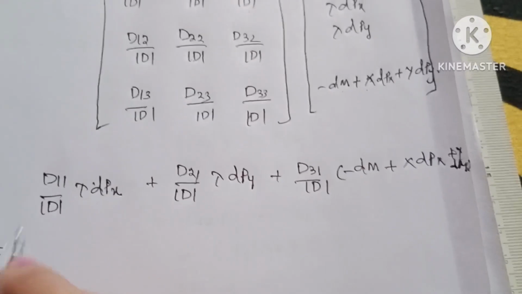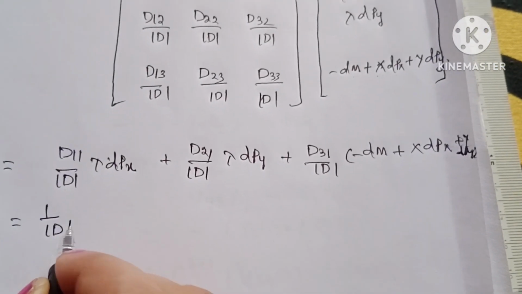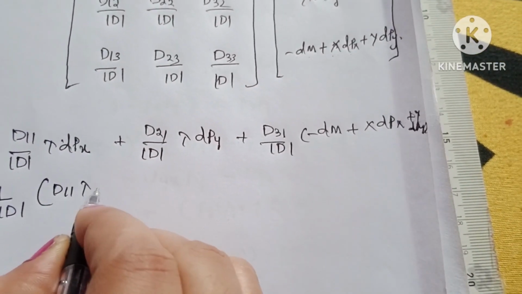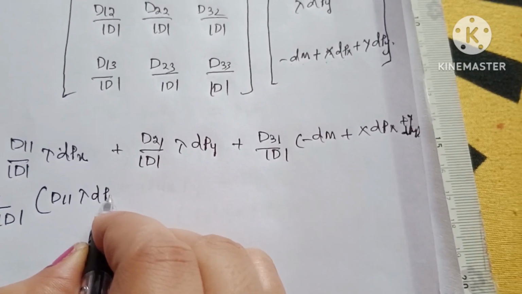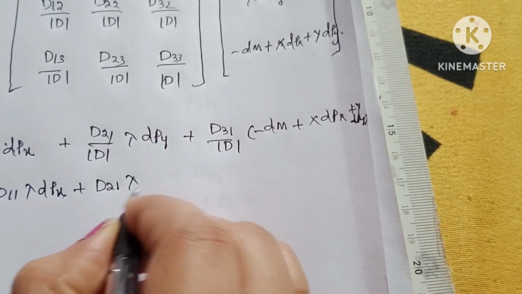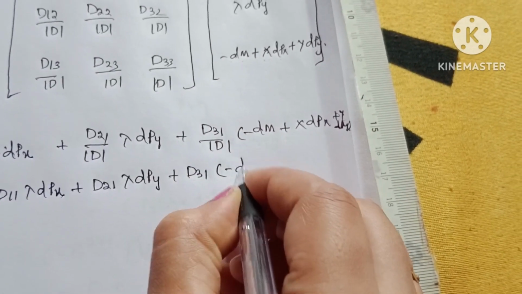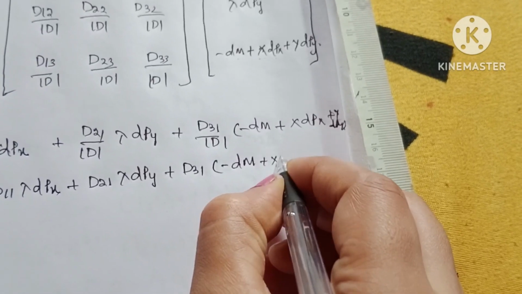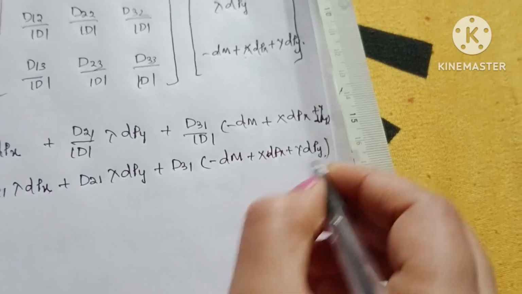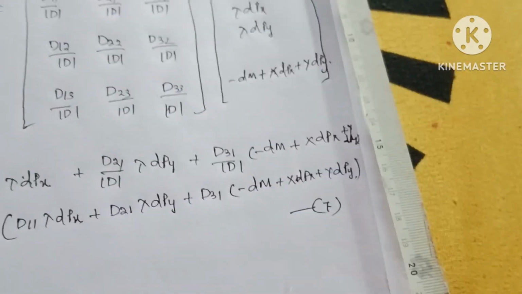Here we can take 1 by determinant value as common, so we get d11 lambda dpx plus d21 lambda dpy plus d31 times minus dm plus x dpx plus y dpy. So this is your equation number 7.